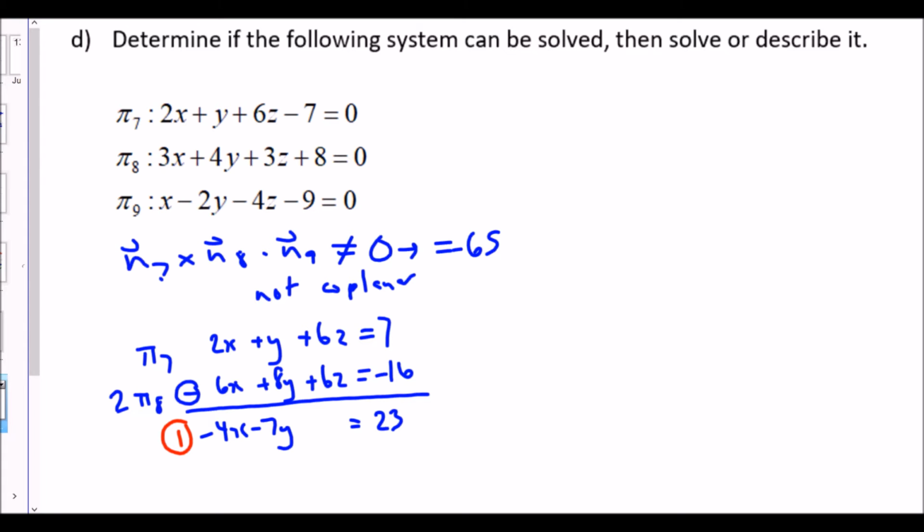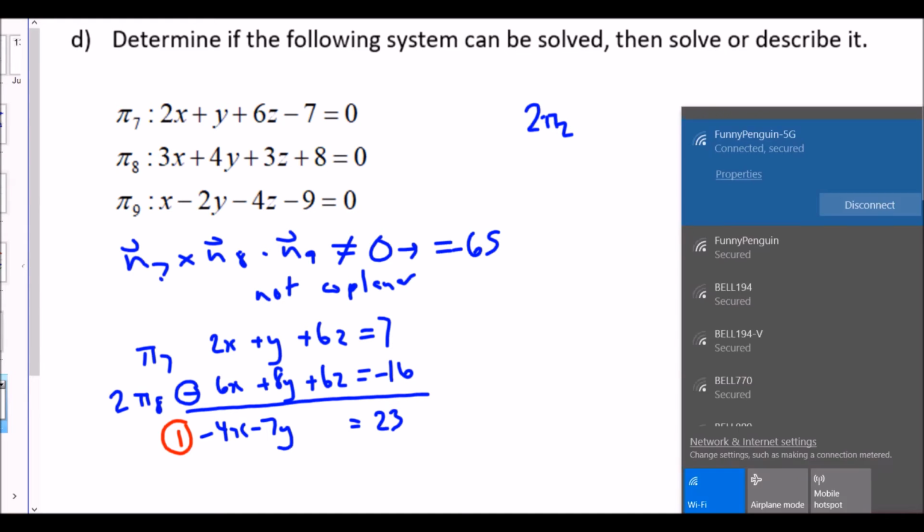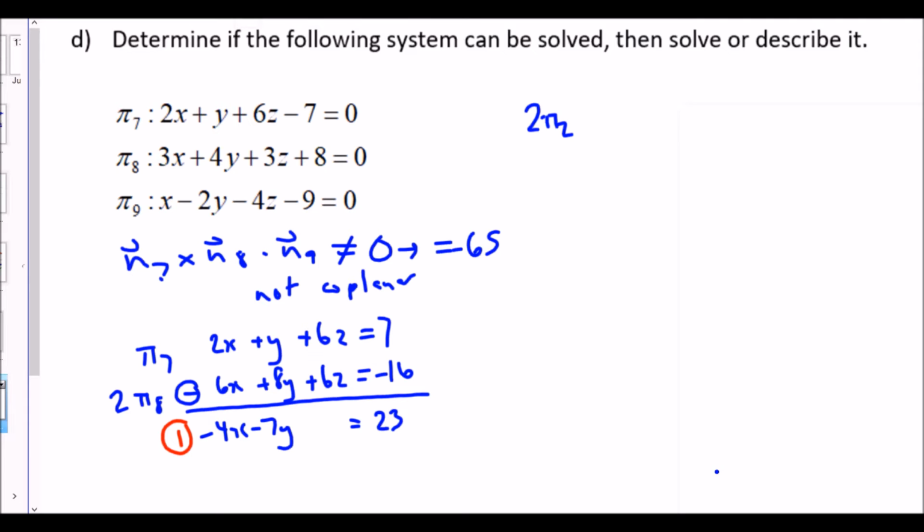By the way, I just multiplied this by 2. All right, so I did 7 and 8. Now let's do 7 and 9, and I'm going to eliminate z again. I'm going to make the z's here this time 12. So I'm going to multiply plane 7 by 2. So this is going to give me 4x.